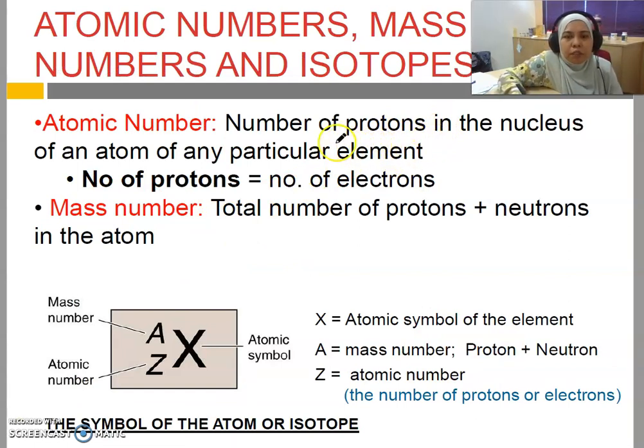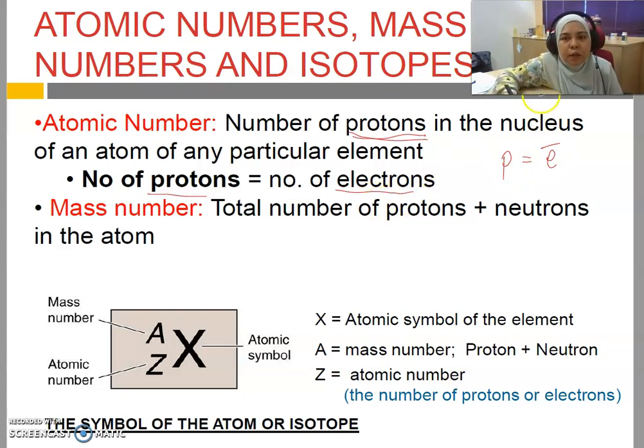The atomic number, ni definition juga. Definition for atomic number is the number of proton. Atomic number is the number of proton in the nucleus of any particular element, and because the atom is neutral, therefore the number of proton must be equal to the number of electron in atom. Ini kita cakap pasal atom. Belum lagi yang lain-lain.